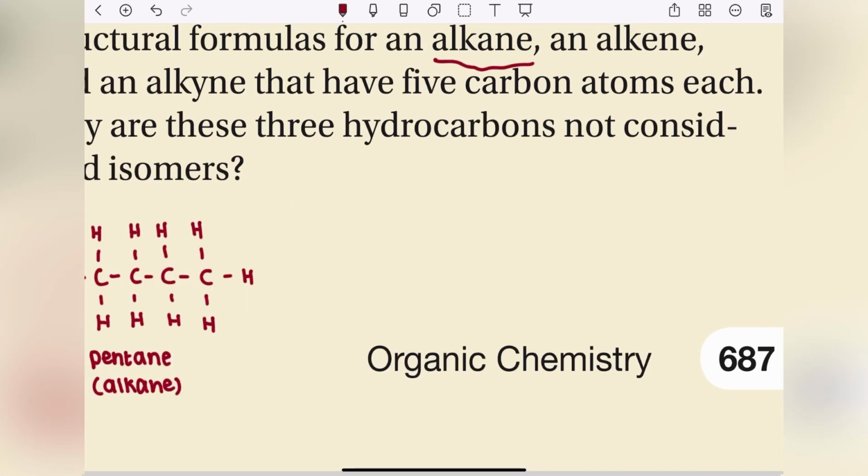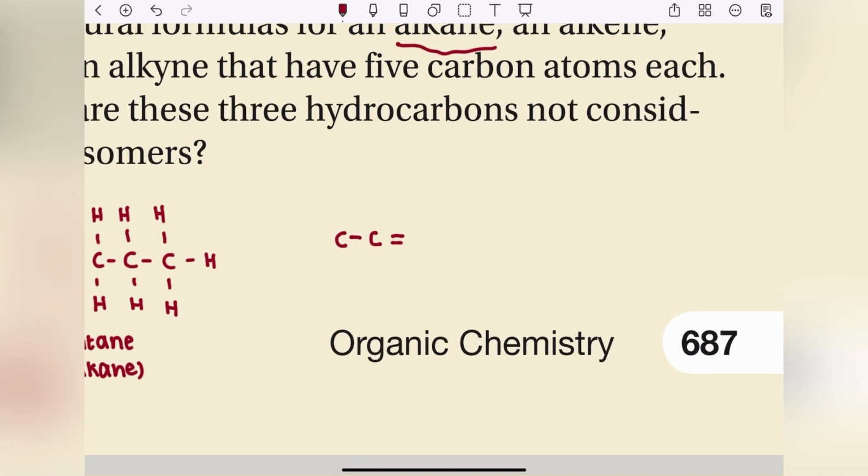Now, an alkene must have at least one double bond. Again, let's have our carbon atoms in the middle, and I'll choose to have the double bond between the second and third carbon atoms, but this double bond could be placed elsewhere, like here or here. It's just that the name would alter slightly.